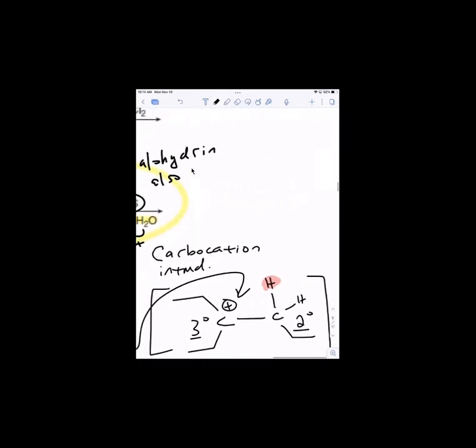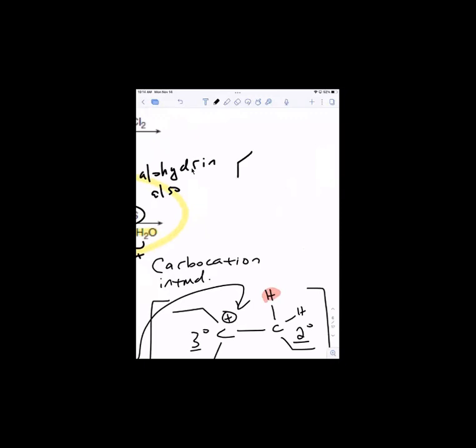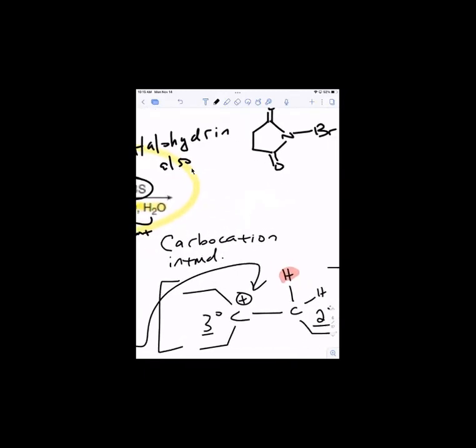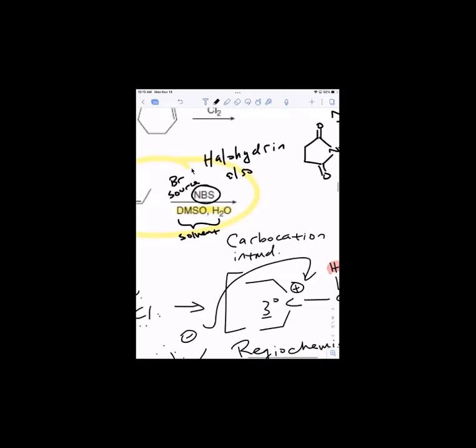All right, so let me show you what NBS looks like. But we're not going to go through the mechanism for that. We'll just give the product. This is NBS, N-bromosuccinimide. So that's where the bromine comes from for that reaction. All right, so the outcome is the same.